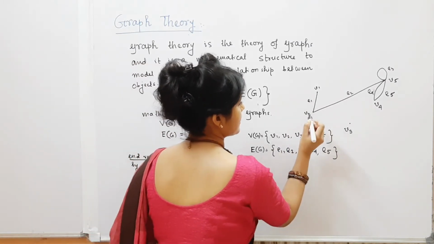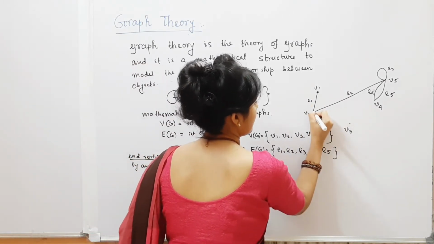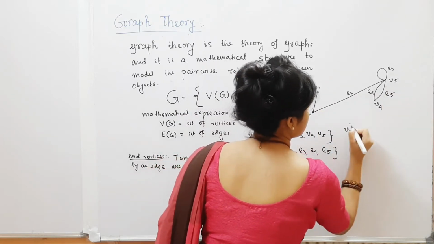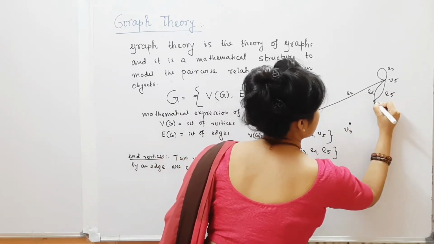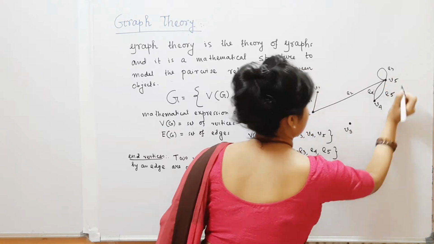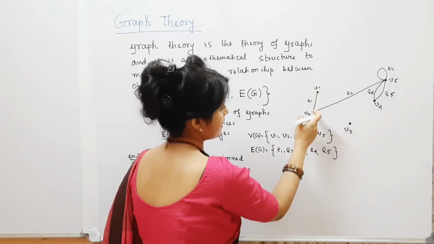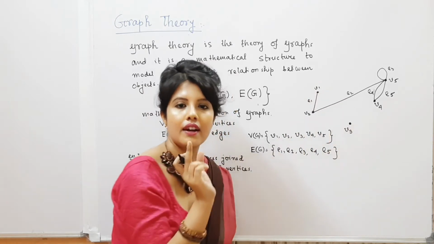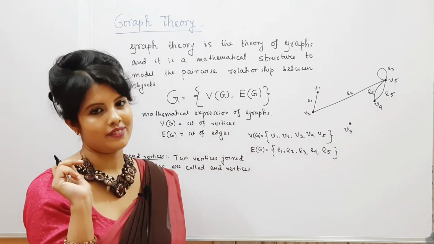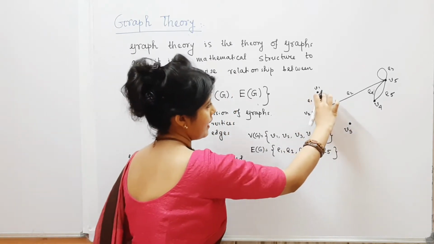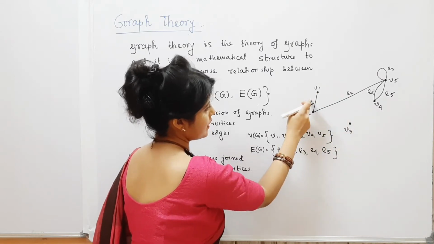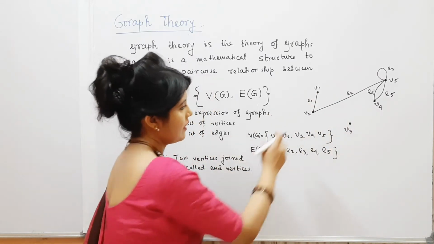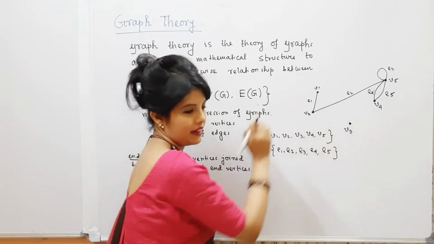So this is V1, this is V2, this is V3, V4 and V5. Now look at the vertices V1 and V2. They are the end vertices of the edge E1, because the two vertices joined by the edge E1 are called the end vertices.